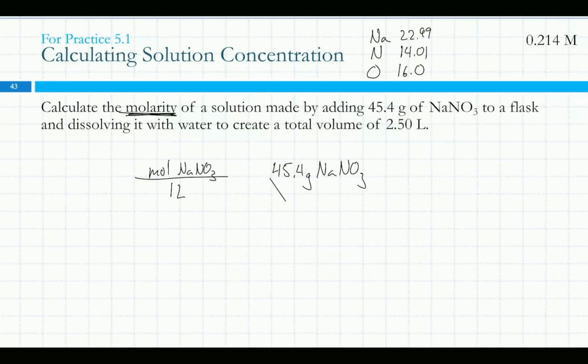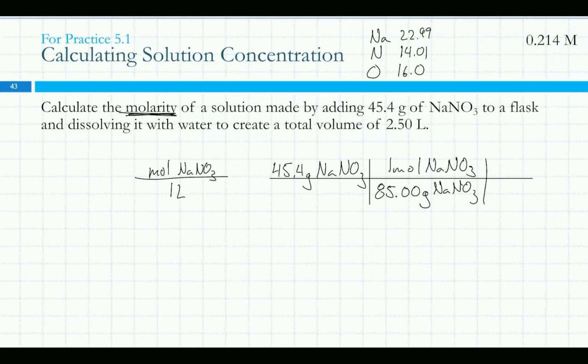We can do it this way: 85.00 grams per 1 mole. So 45.4 divided by 85.00 is 0.534117647, and that's moles.